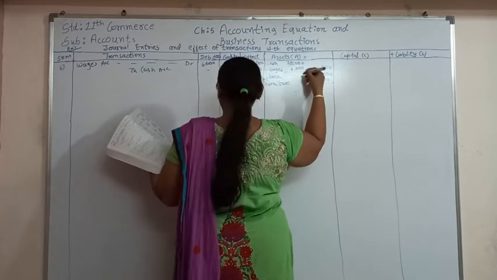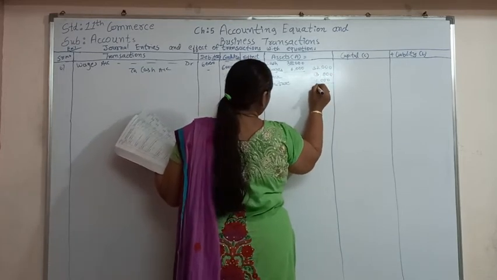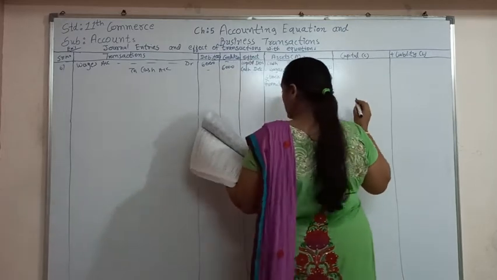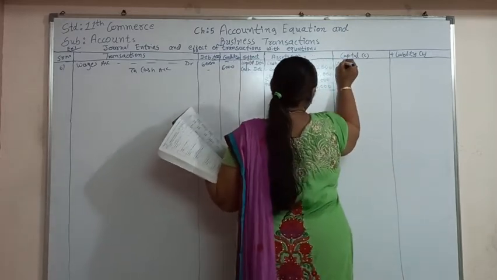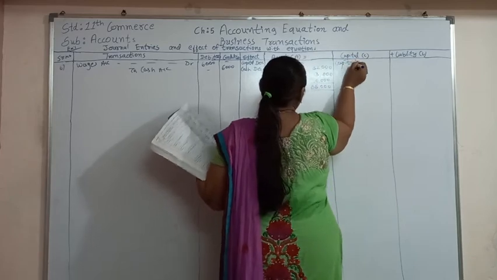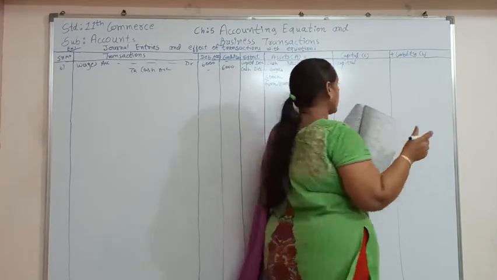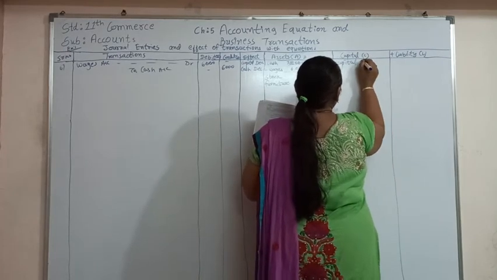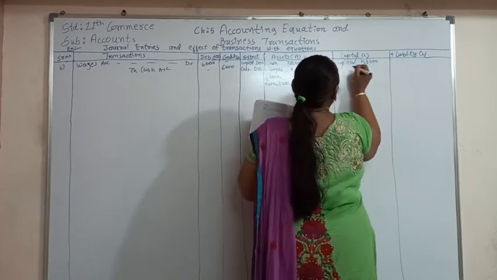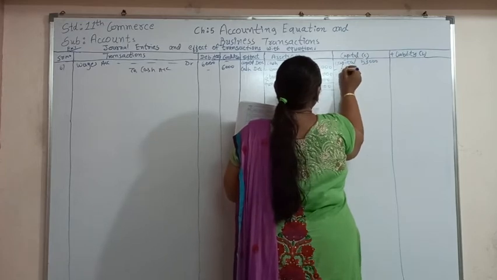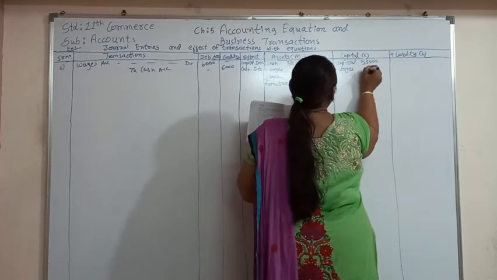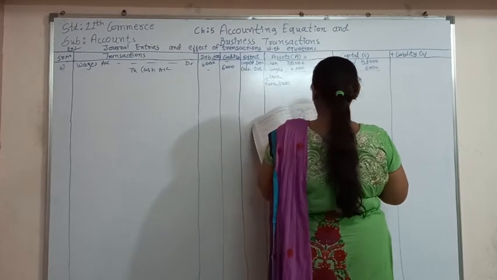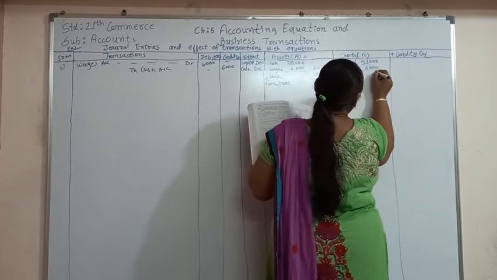So here total of this will be 55,000, and capital of this was 53,000. From that we are going to deduct the wages and that is of rupees 6,000. So now the capital will be 47,000.